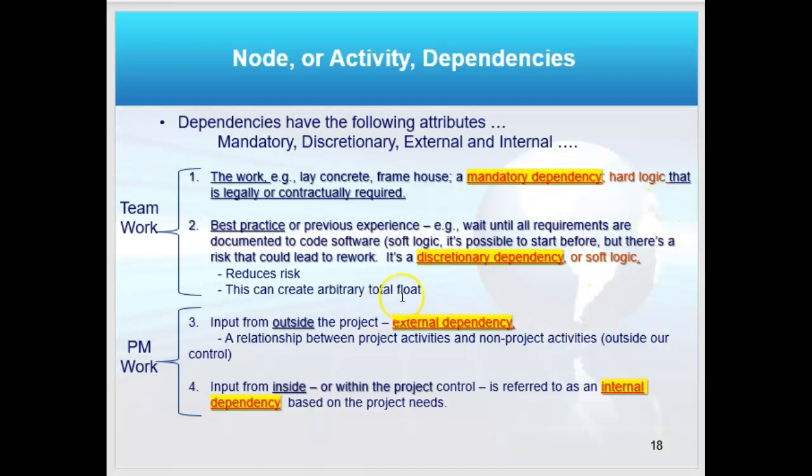A discretionary is called soft logic, and that's really just a best practice. Now, if it's an external dependency, that means there's input from outside the project to do it a certain way. And an internal dependency is from within the project, something that is driving us to do it that way. And of course, dependencies can be both discretionary and internal, for example.